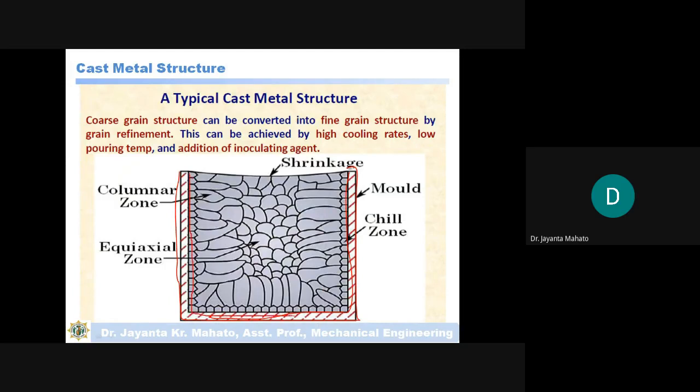At the interior surfaces of the mold cavity, the cooling rate is faster compared to the inner zone, because the mold material is at room temperature, whereas in the interior part of the mold cavity, at the middle zone, it is different.